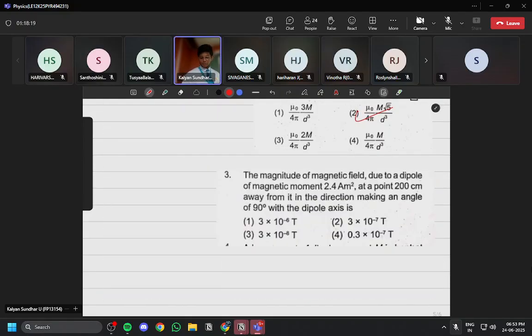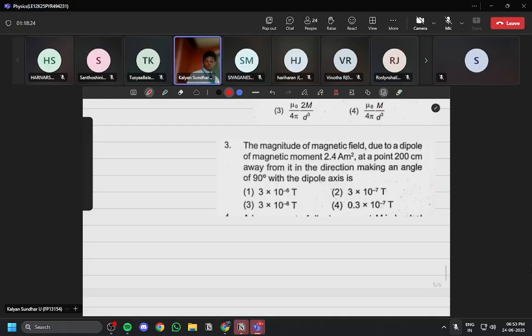Magnetic field due to a dipole of magnetic moment is this much, and the distance between them is given, making an angle 90 degree with the dipole axis, how much?